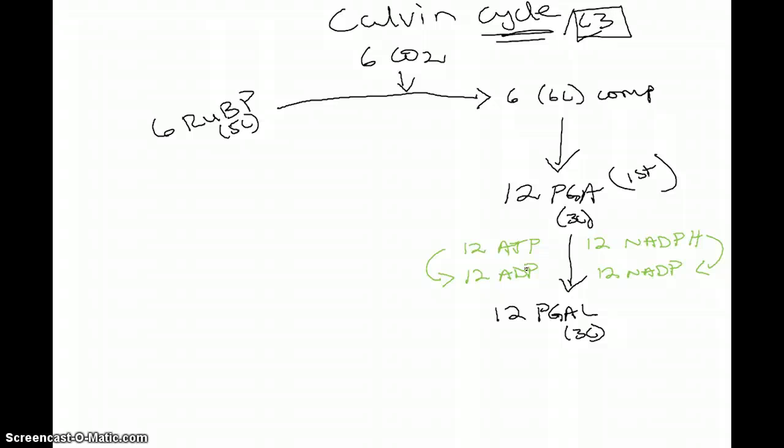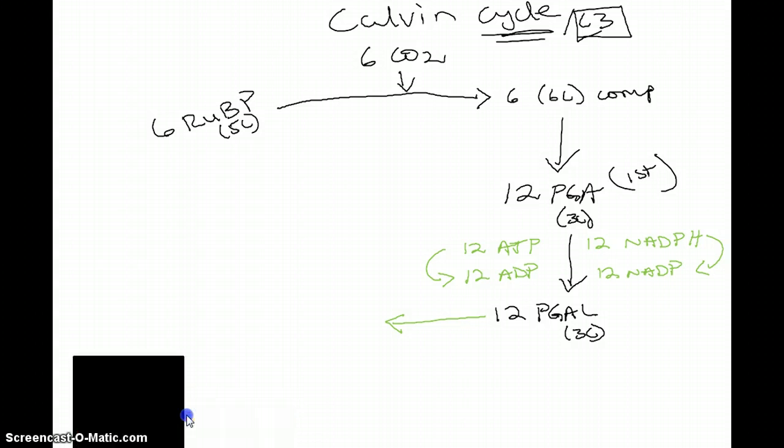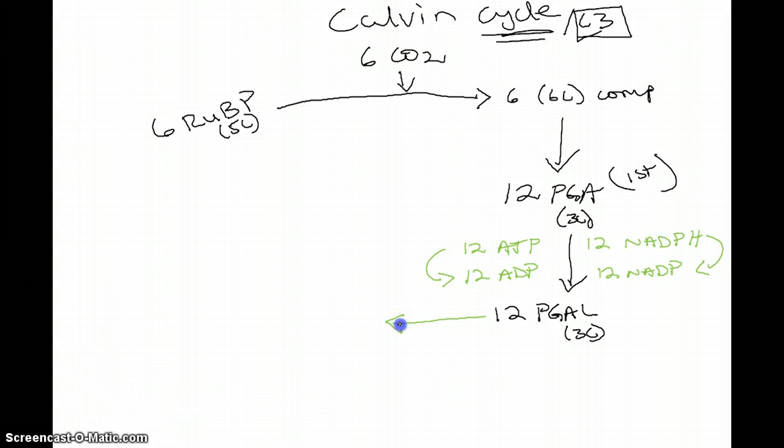Now the 12 PGAL move on, but only 10 PGAL move on, again 3-carbon.